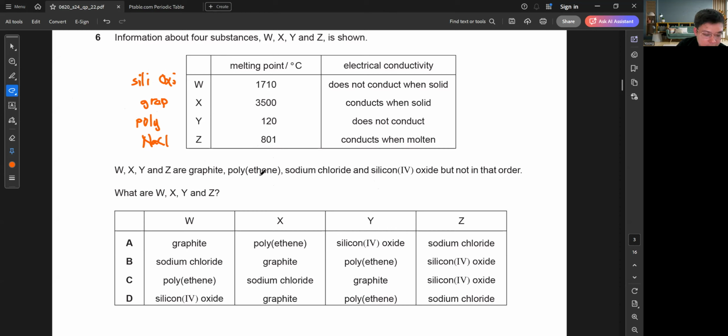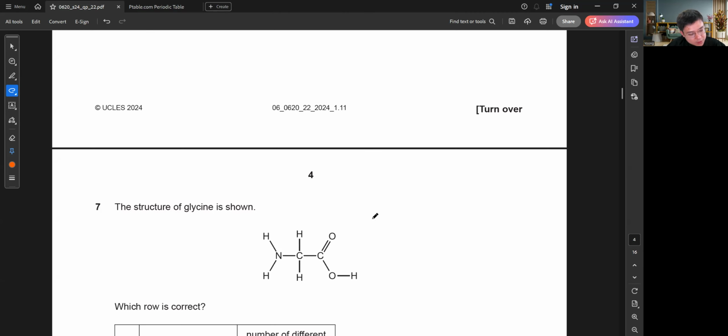Covalent bond cannot conduct electricity no matter what. However, silicon oxide should be able to conduct, but not when it's solid, because when we mix it with water, it will produce ions and it will be able to conduct. But this one says does not conduct when solid. So that should help us find the answer. So the answer is donkey. All right, let's move on.